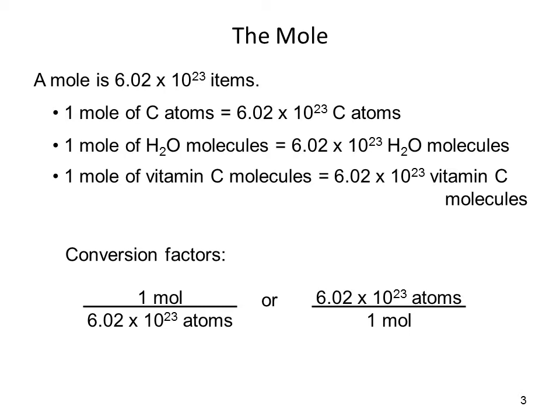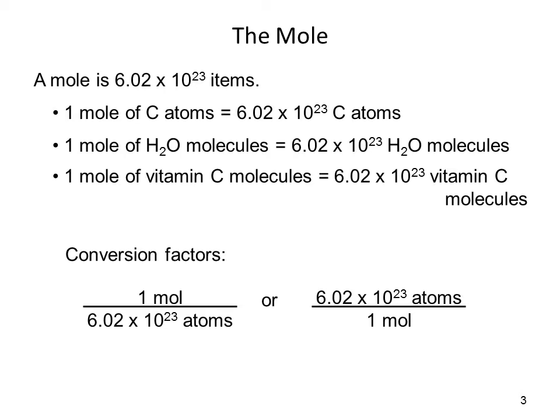We know what we're dealing with, whether atoms or molecules, based on the symbol. If I look at a mole of carbon, I know carbon comes as atoms, so I would put atoms over here. If I look at a water formula, I know that comes as a molecule, so it would be molecules over here.